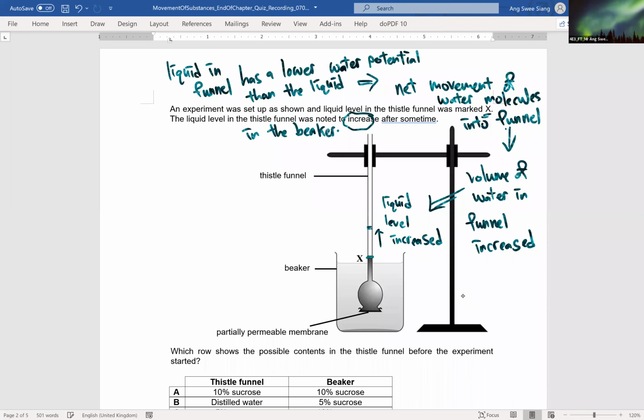Then there will be a net movement of water molecules into the funnel. Of course, by osmosis. The process will be by osmosis.